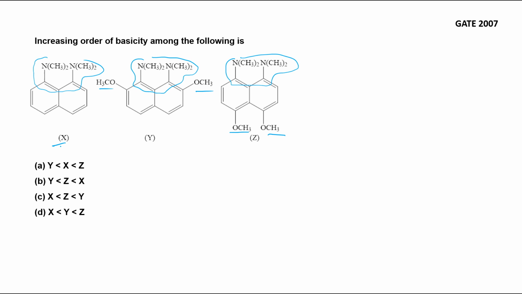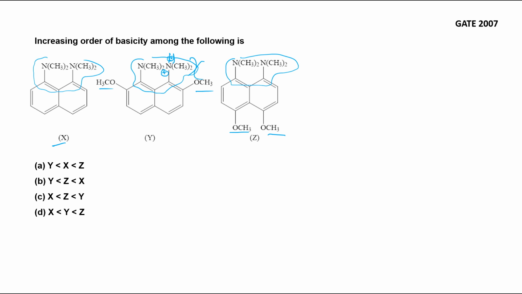But what happens in case of Y? For this lone pair to show basicity, it is better when there is less steric inhibition. Suppose it has already captured some H, now this is NH plus, it will be even larger and there will be a steric problem with the OCH3 group because they are at the ortho position.